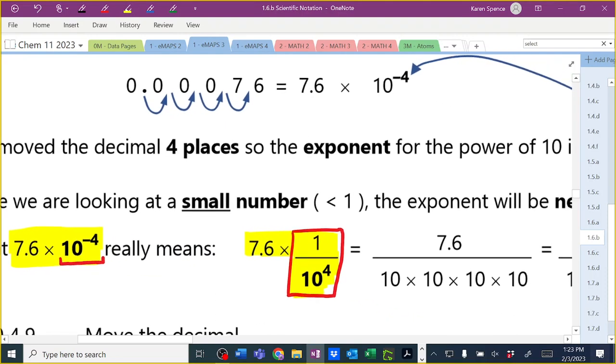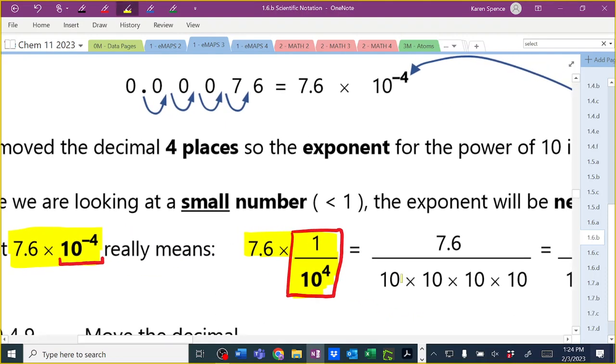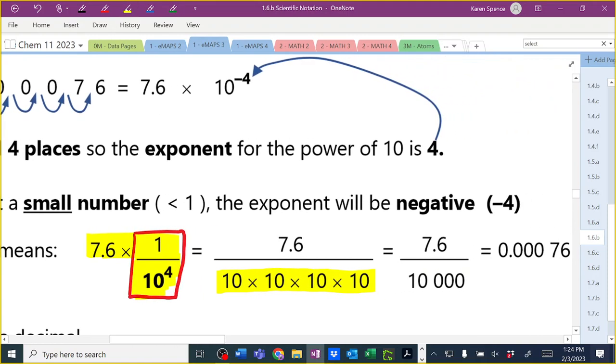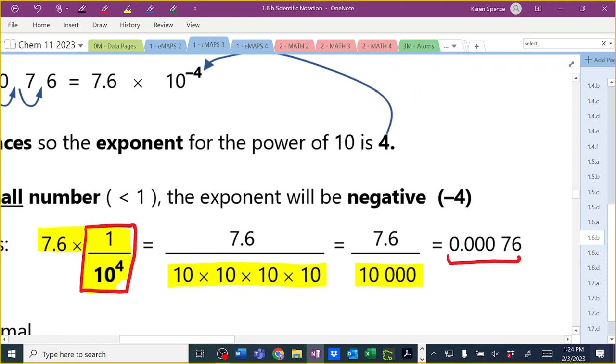And 10 to the positive 4 is, of course, 10 times 10 times 10 times 10. So now we have 7.6 divided by 10 times 10 times 10 times 10, which is 7.6 divided by 10,000. And if you don't believe it, you can punch it in on your calculator. 7.6 divided by 10,000 works out to 0.00076, which is exactly what our original number was. So those two things are indeed equal.